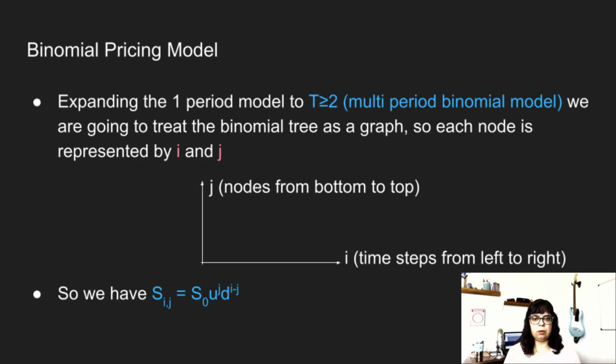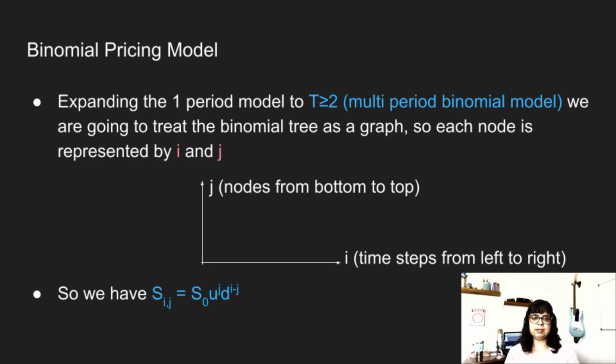Doing that, we can now see our binomial tree as a graph, and each node will be represented by i and j. We can consider it as a Cartesian representation where i is a time step from left to right in the tree, and j is a node from bottom to top in the tree.